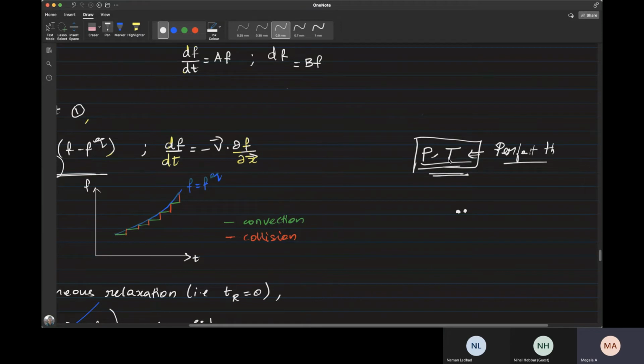But basically, you have molecular collisions and molecular motions and convections happening. At that scale, things are quite random, but they get driven to equilibrium very fast. That is, this TR is much smaller than the macroscopic timescales at which we are measuring the variables.